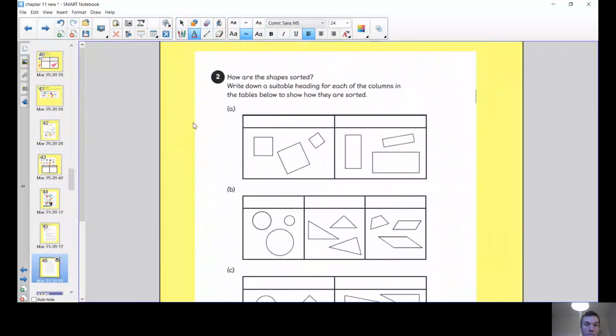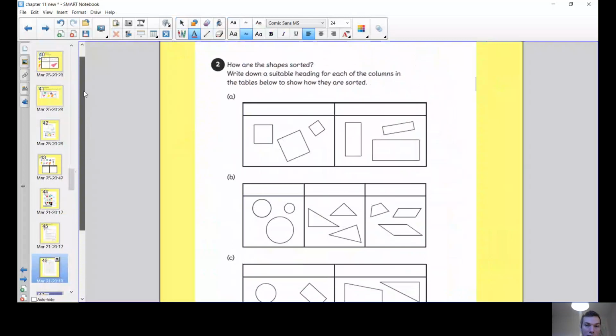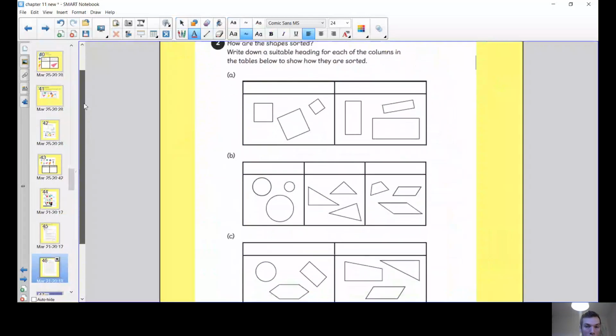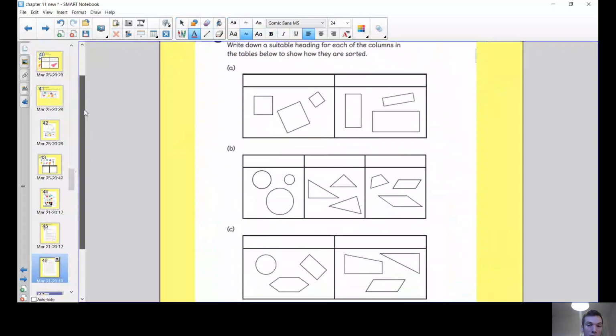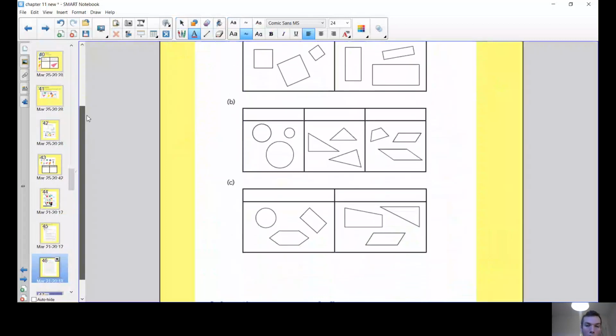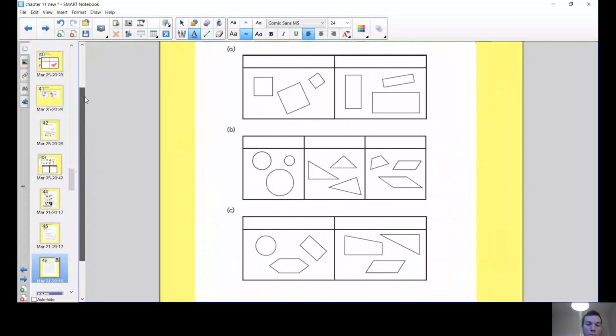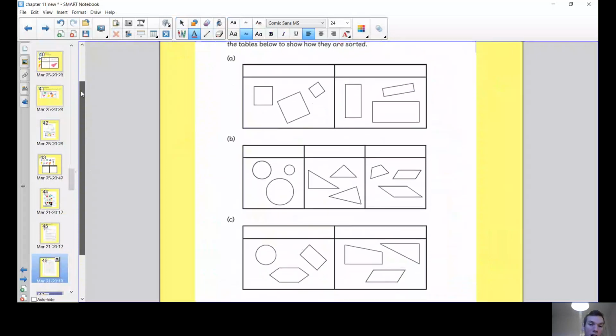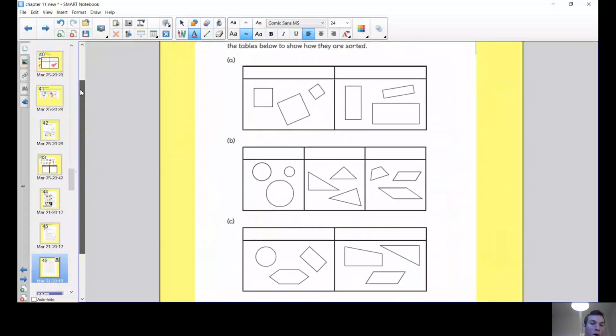On the next page we've got a bit more thinking because you have to tell us how the shapes are sorted. You can write them in the boxes above. Remember to use your vocabulary and the words you learned this week that help describe shapes. Words like vertices or words like sides, words like symmetrical, and that will really help you out today.